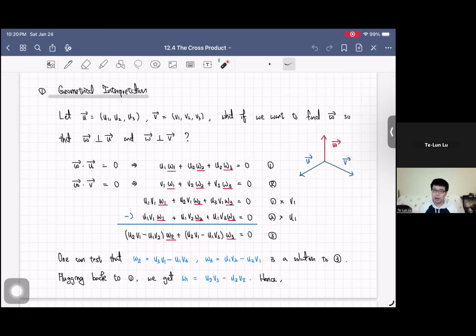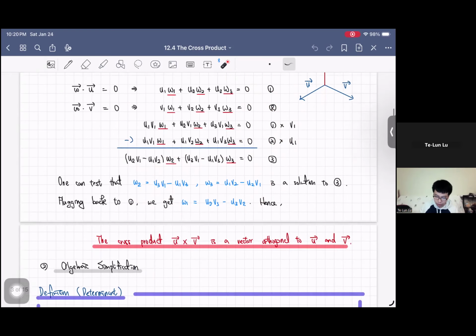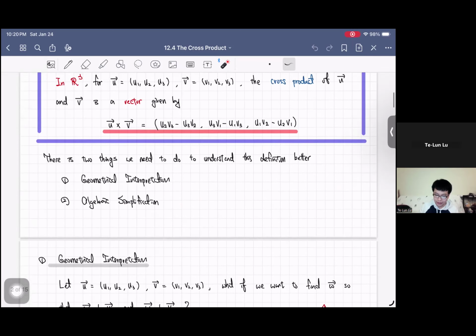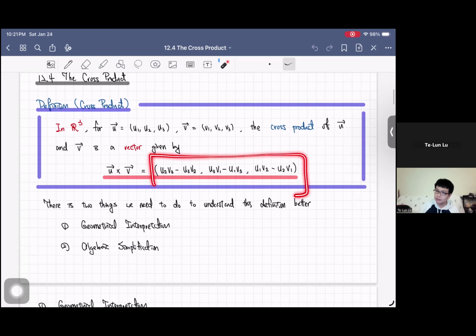If you plug those solutions back into whichever equation you want, 1 or 2, you will get W1 equals U2V3 minus U3V2. Summarizing, W1, W2, and W3 is indeed this vector.